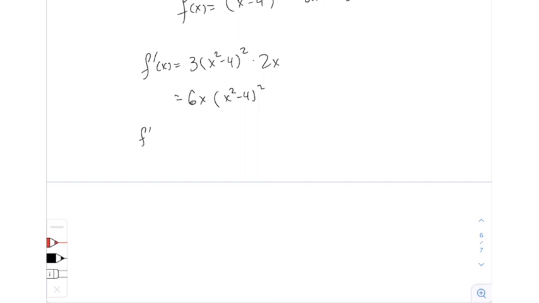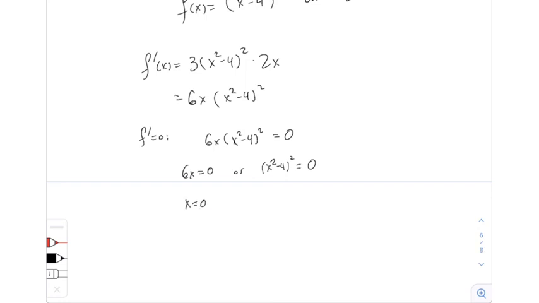So f prime equals 0. I would say 6x times x squared minus 4 squared equals 0, right? Here I have two things which are multiplied together to give me 0, which means you can split it up as 6x equals 0 or x squared minus 4 squared equals 0. From 6x equals 0, I get x equals 0, so that's a critical number.